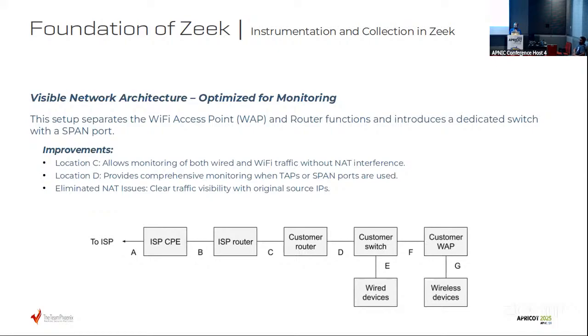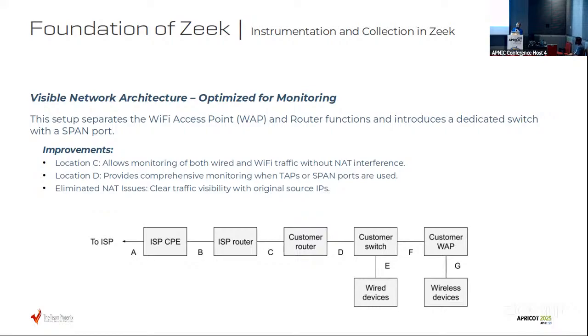we jump into the second diagram, and it is a little bit of an improvement. If we place it in C, it allows us to get both the wired and Wi-Fi traffic without the problem of NAT we might have.